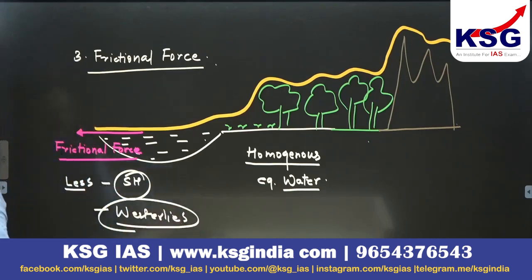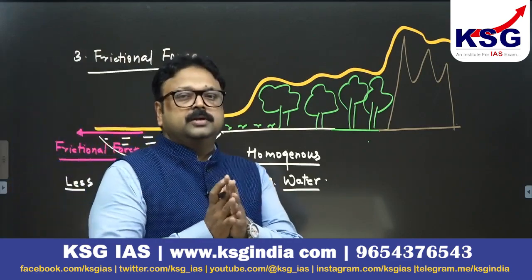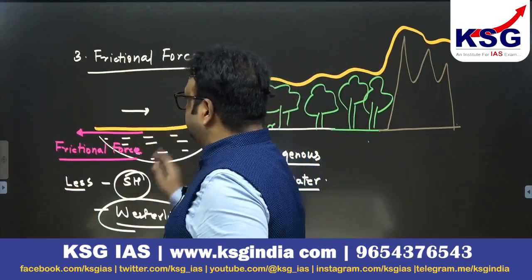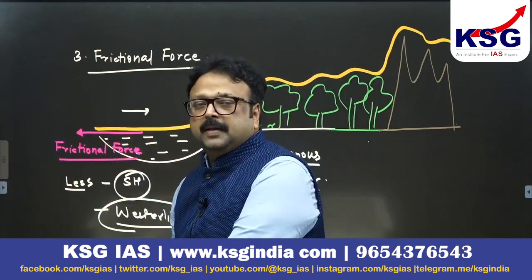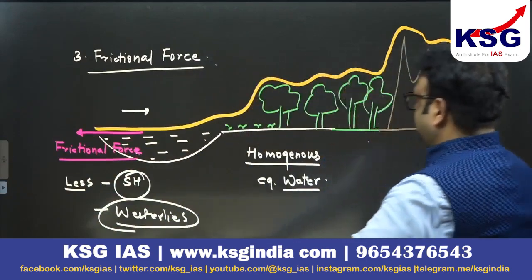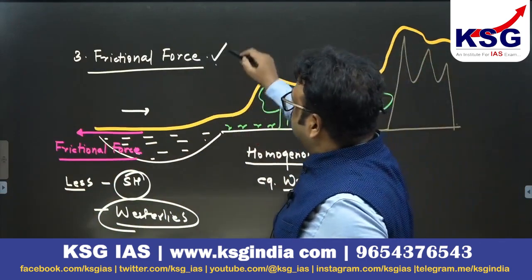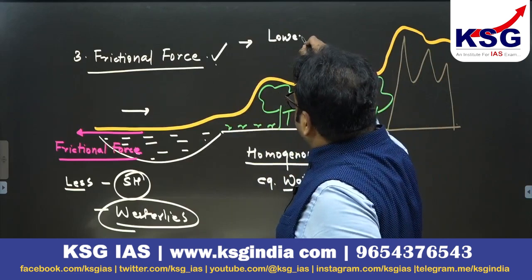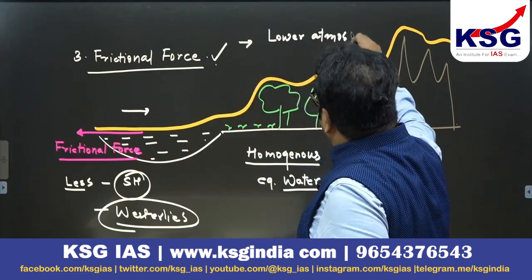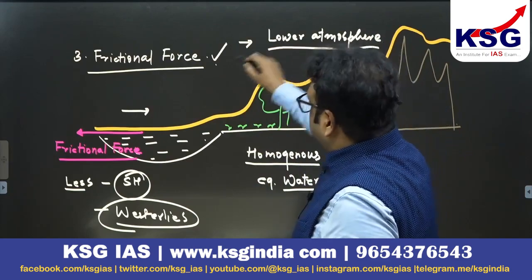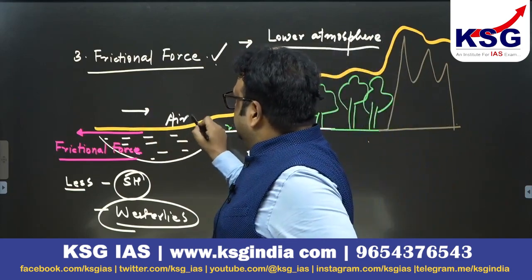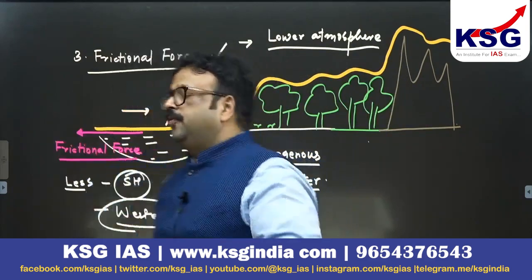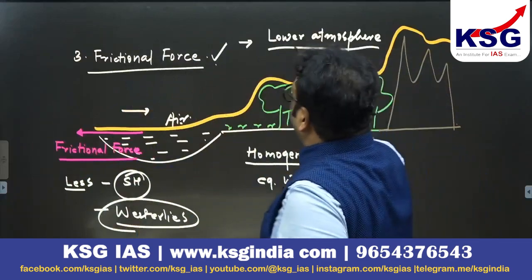Okay, homogeneous surface. So frictional force is always acting opposite to the direction of movement of the wind. This is the direction of movement of wind, and it is always acting opposite to it. One thing more, this frictional force is active in the lower atmosphere. Not only between the surface and the air, it is also acting at the air interface. So this frictional force is going to be more active in the lower atmosphere.